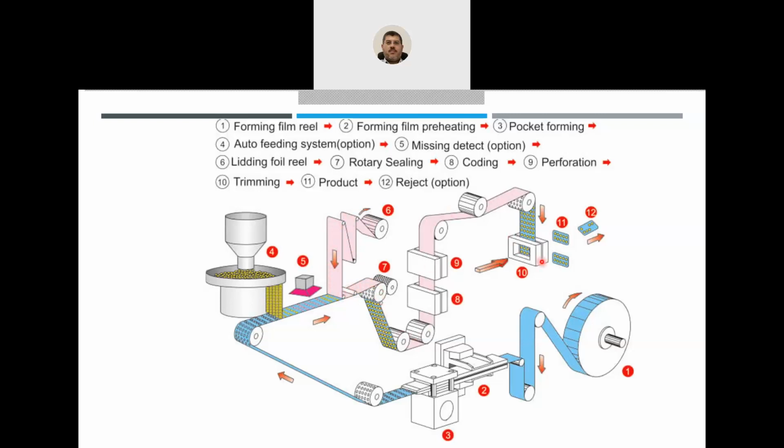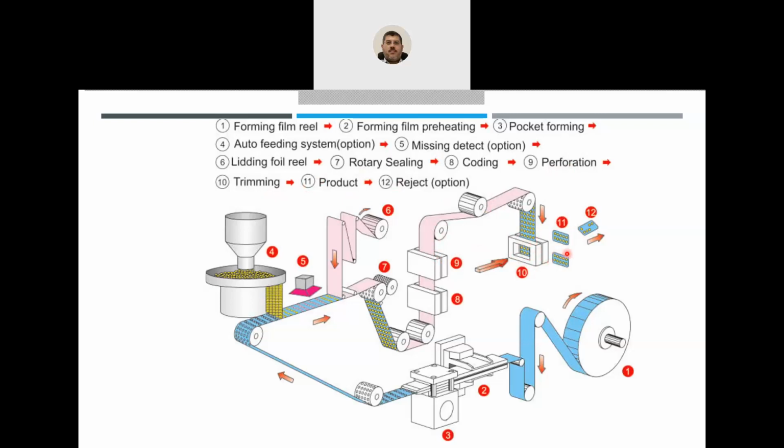So after this, the last thing is cutting. So there will be sealing, coding, probably there will be some printing, expiry date, production date, batch number, and after this, if required, some perforation, trimming, and then cutting.